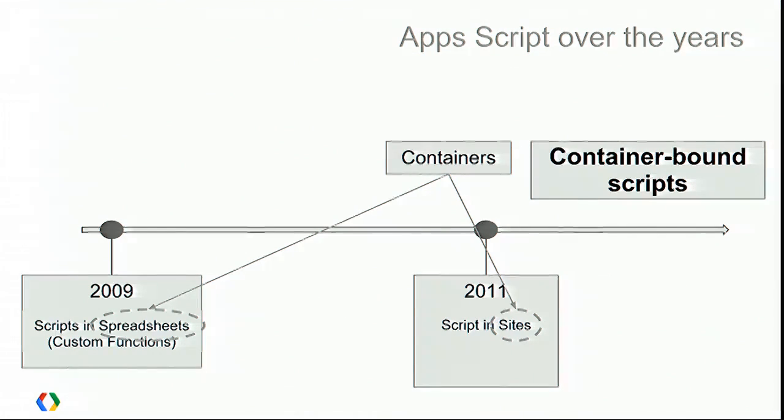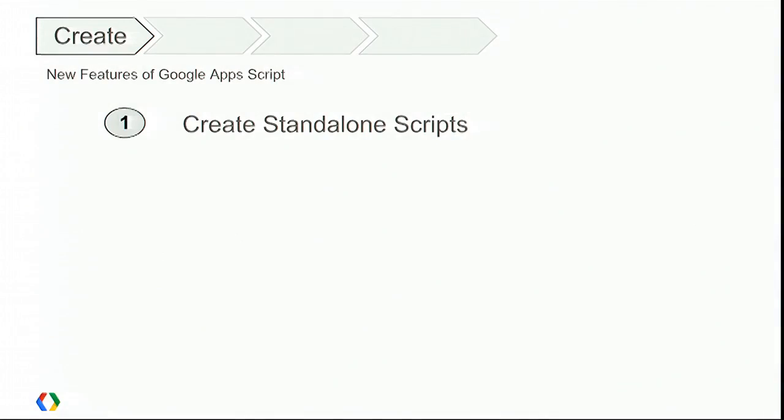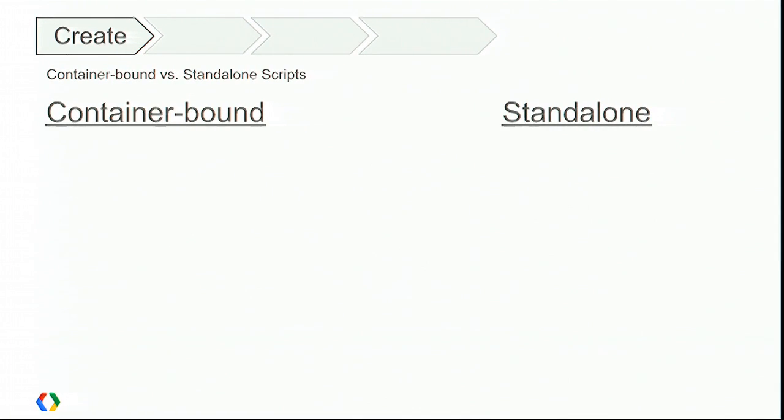Script projects are independent and are in their own right first-class developer products. And script.google.com is your destination. So this is the first feature that we are launching today, which is letting you create standalone scripts. Scripts that can be created from Google Drive or script.google.com. So let's explore some differences between container-bound scripts and standalone scripts.